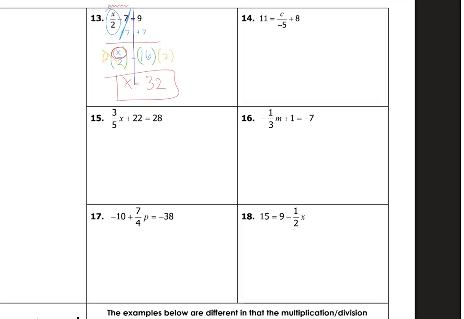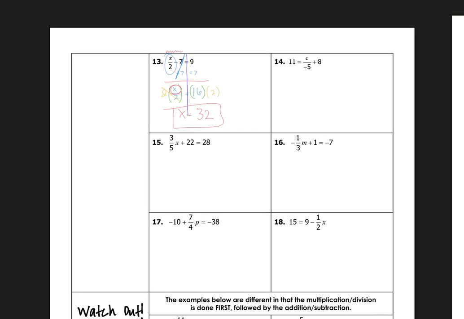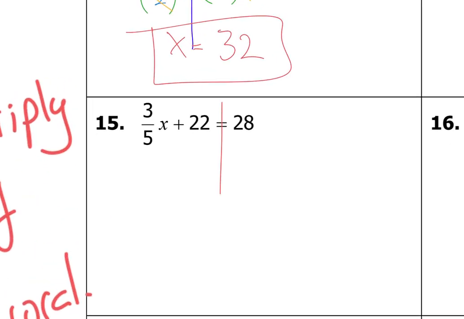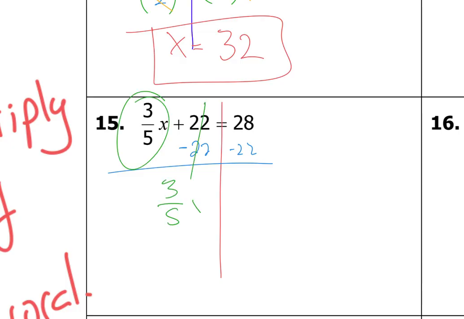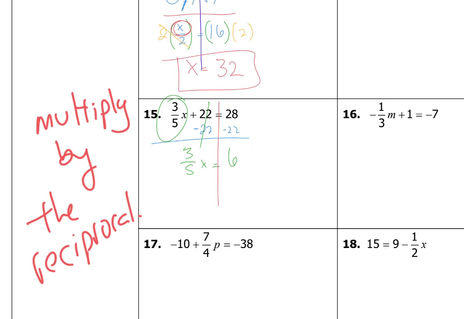And if you're like, oh no, but look at 15 through 18, you're going to multiply by the reciprocal, okay? Because check it out. You hopefully pretty quickly see that we can't simplify that, right? So if you can't simplify, then you're ready to solve. And you see that you should deal with the adding or subtracting first, right? So that's gone, leaving us with 3/5 x equals 6.